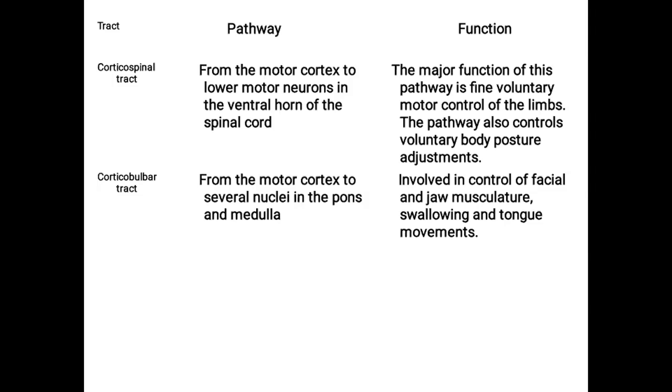Some corticospinal tract fibers end at excitatory synapses on alpha and gamma neurons, whereas others end on inhibitory interneurons that can either excite or inhibit the alpha motor neurons. So the effect of the corticospinal tract on the alpha motor neuron may be inhibitory or excitatory. So these are some of the functions.